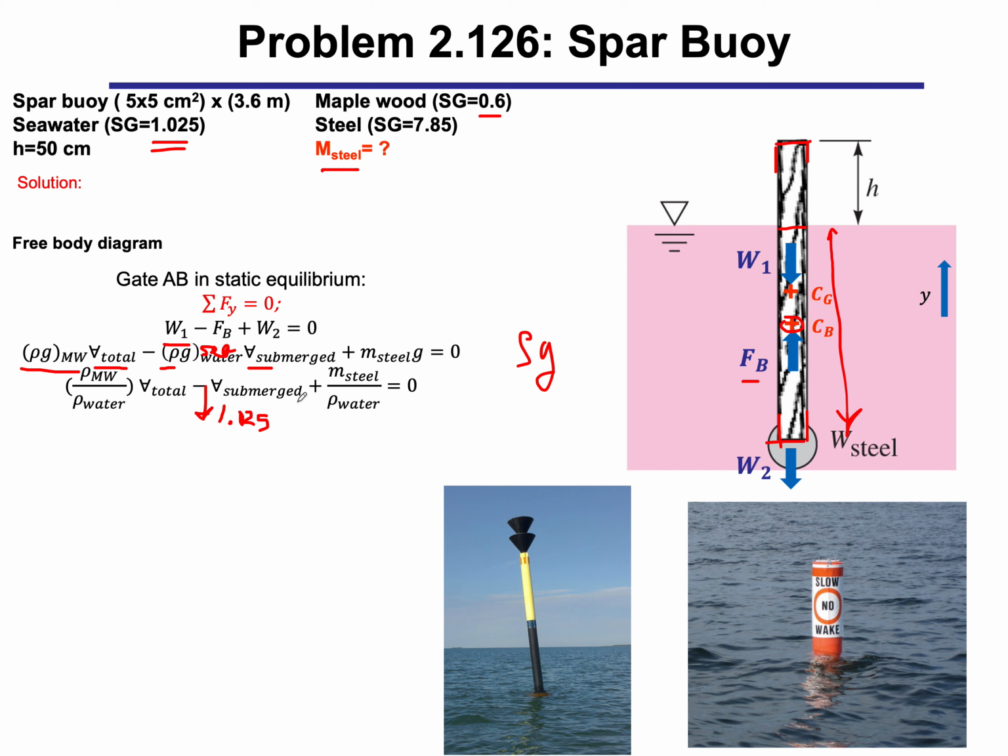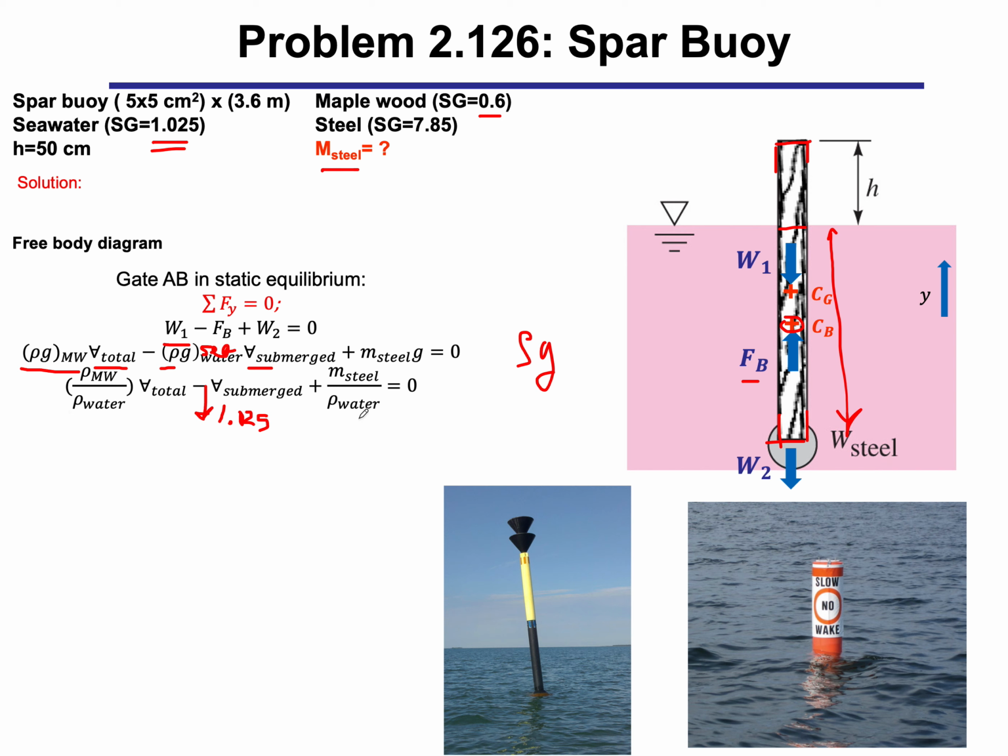Multiplied by the submerged volume. And then I have the m steel divided by the density of water. So substitute the density, so that's the specific gravity of the maple wood, which is given as 0.6. The specific gravity of seawater, so it's the ratio of the density of seawater to fresh water, is 1.025.